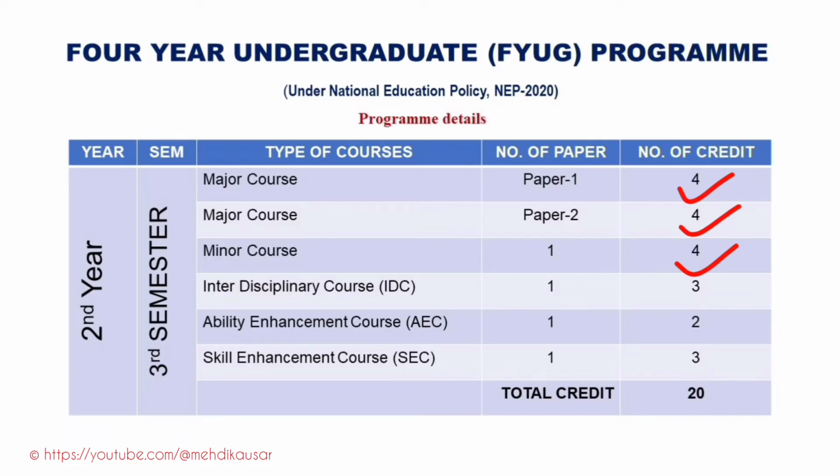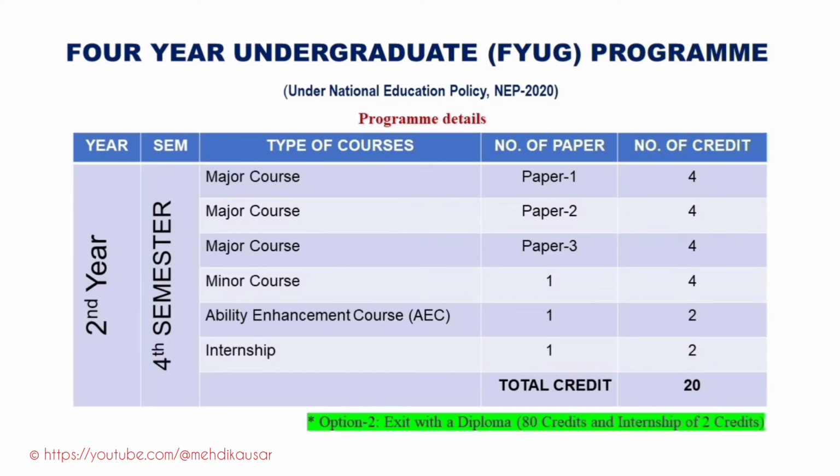The 2 papers from major course and 1 from minor course will have 4 credit, paper from interdisciplinary course will have 3 credit, ability enhancement course will have 2 credit and the skill enhancement course will have 3 credit. So, in total, you have 20 credits from these 6 papers here in 3rd semester also.